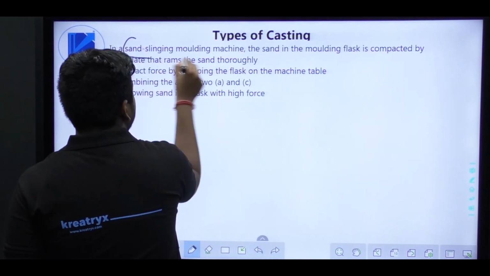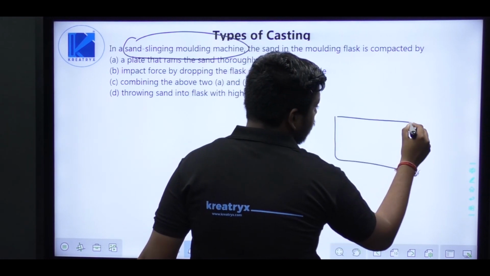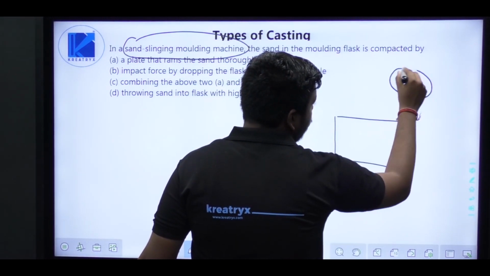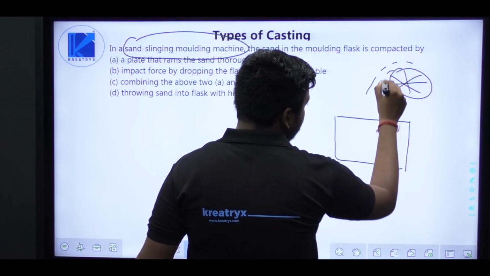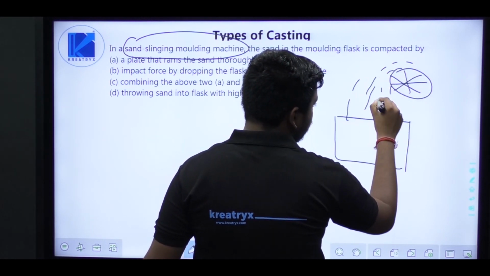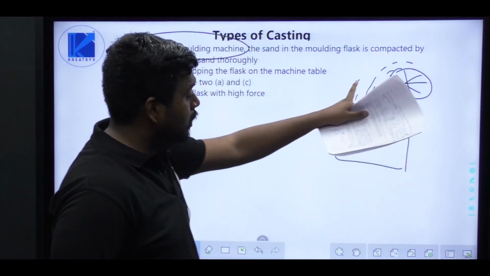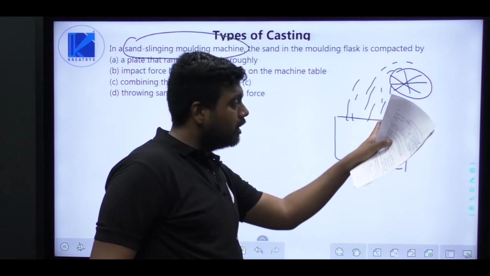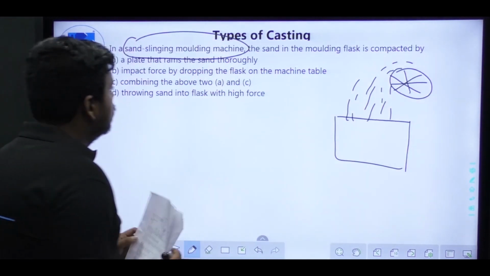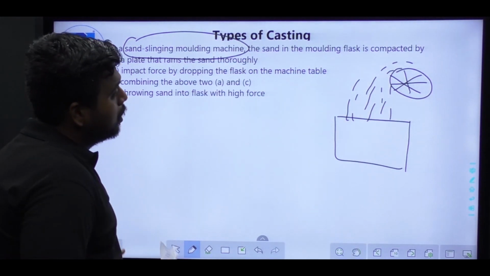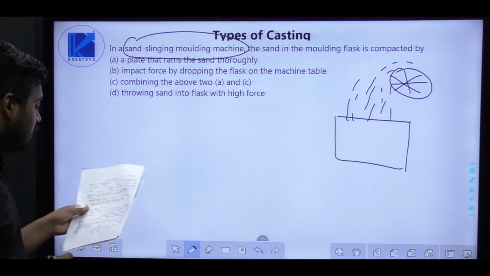In a sand slinging molding machine, let's say this is a mold, there is one pulley through which sand particles are getting deposited on the mold, and this pulley is rotating at a very high speed and at a very high pressure or force, I must say, that the sand is getting poured here.